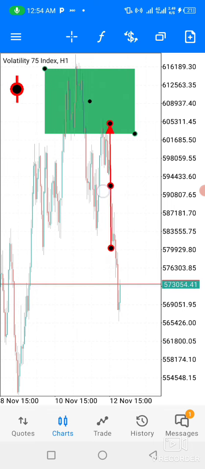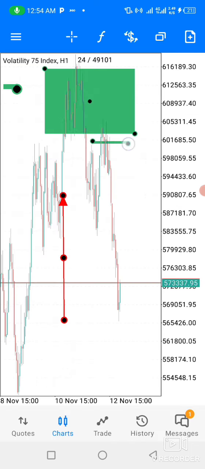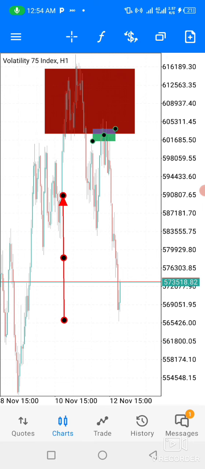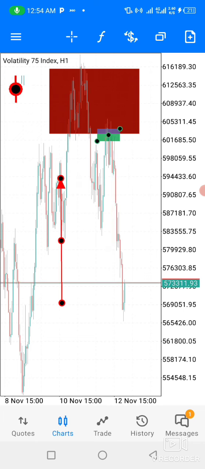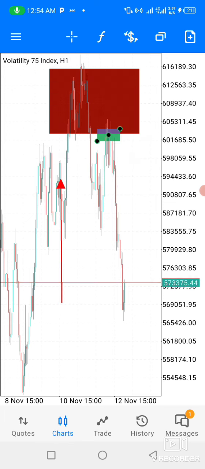So this stretch, let me mark it with another zone. Let me change it to red. So this zone here is red, this one green. This point here is 0.2, and this, let me now make this a point.